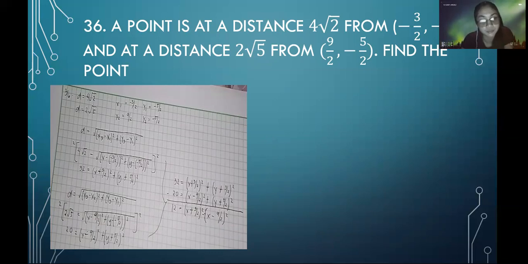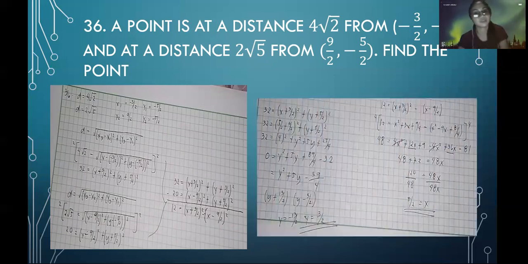x minus negative 9 halves squared. So 32 is equal to x plus 3 halves squared plus the quantity y plus 5 halves squared.